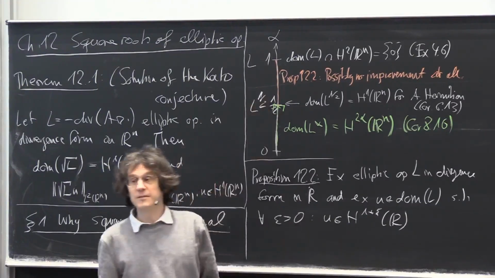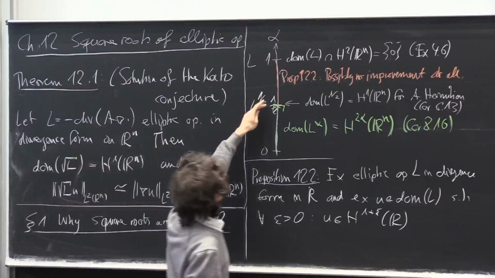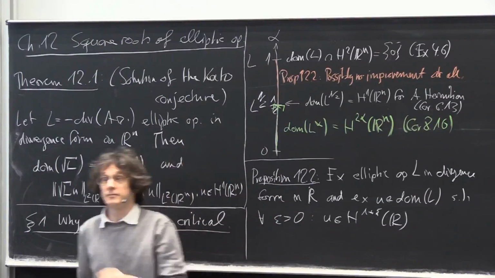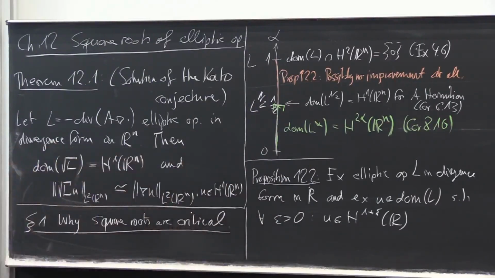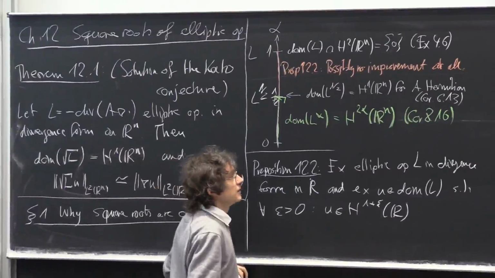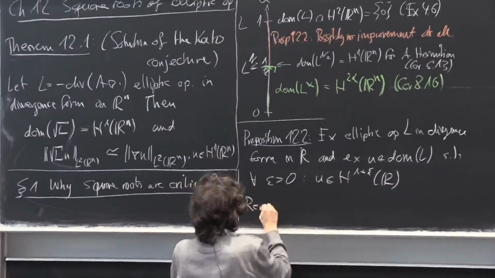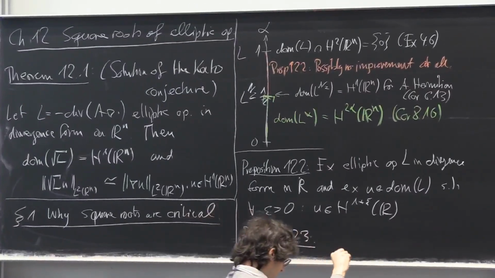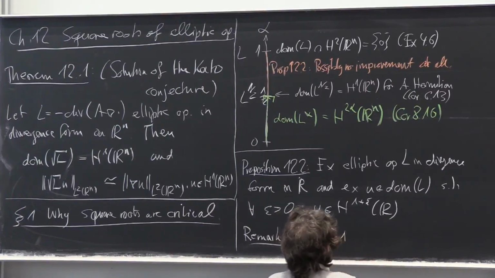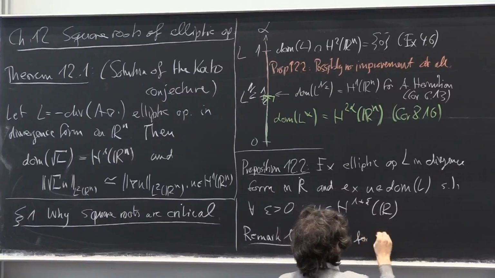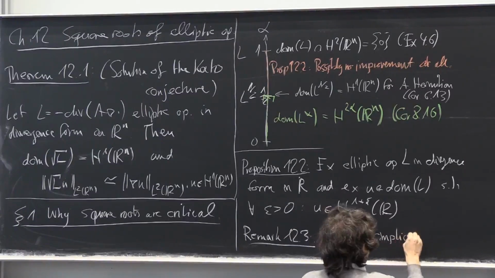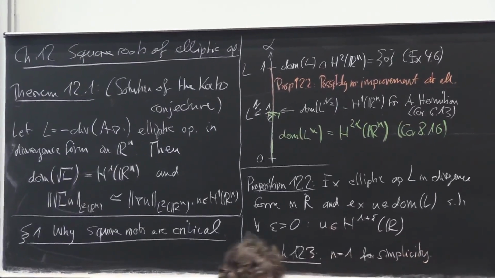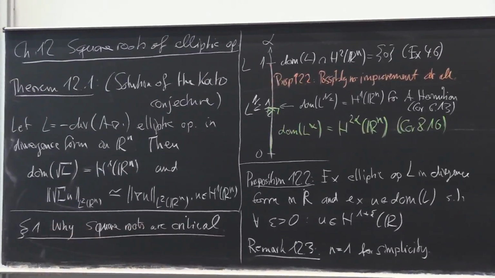So there is one elliptic operator which makes all this red line break down. And the task for today is to construct this operator. I already said this, so remark 12.3 that we choose n equal 1 here is only for simplicity. And there is an exercise in the end, exercise 12.3, which invites you to check this and to generalize the idea to higher dimensions.